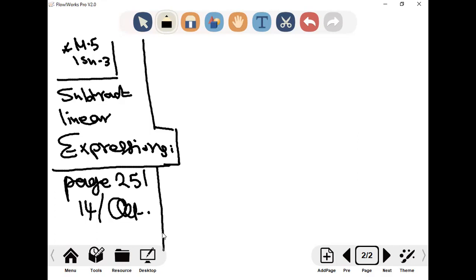The additive inverse, we change the sign of the number. The additive inverse of 8 is negative 8. The additive inverse of negative 7 is 7. If you add 8 with negative 8, the answer is 0.